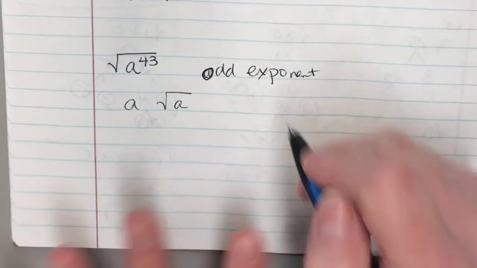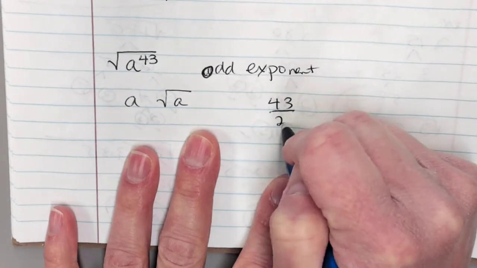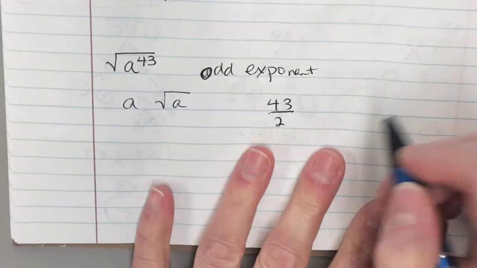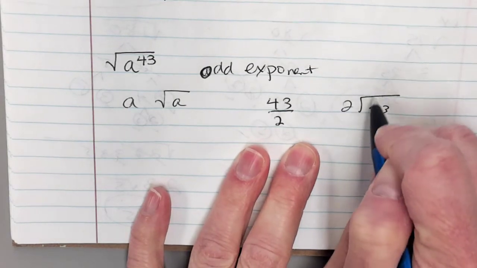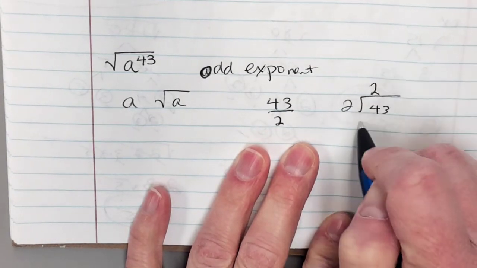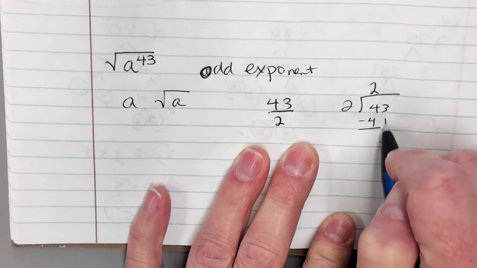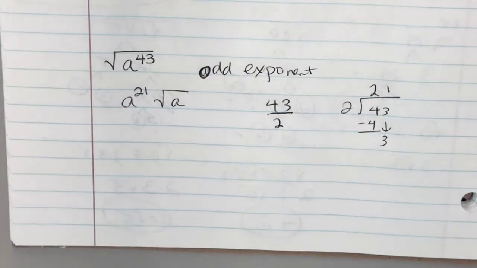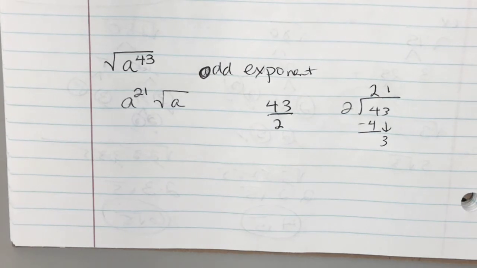Well, how many times does 2 go into 43 nicely? Goes in 21 times. That's how many A's are going to be on the outside. You can divide the exponent by 2. However many whole number times it goes in, that's the outside power. If it's odd, you're going to have 1 on the inside.